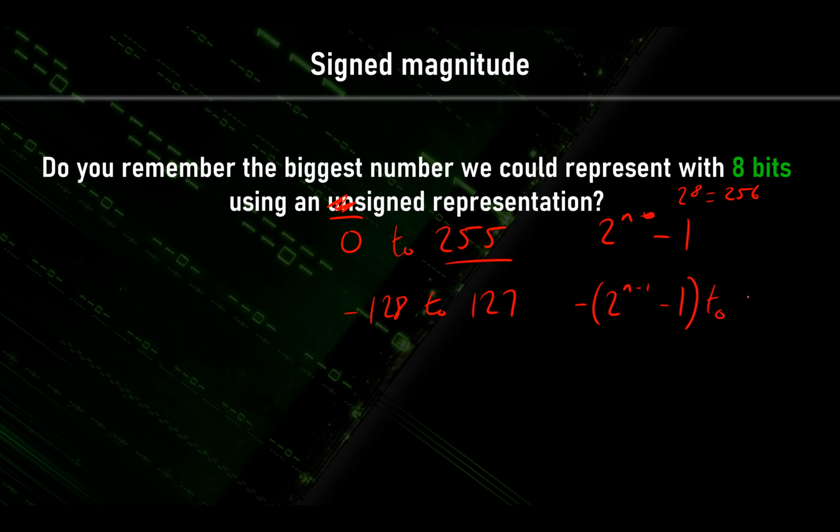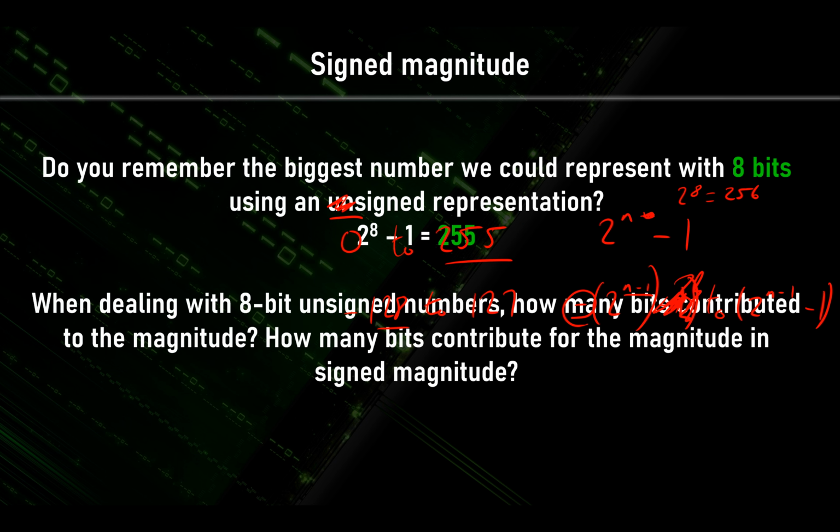Sorry, this one should have no minus 1, because here we have 2 to the power of 7, effectively, which is minus 128 when we have this minus in front of it. Okay, so let's just delete all of that.